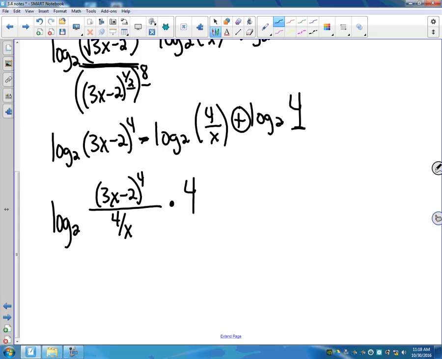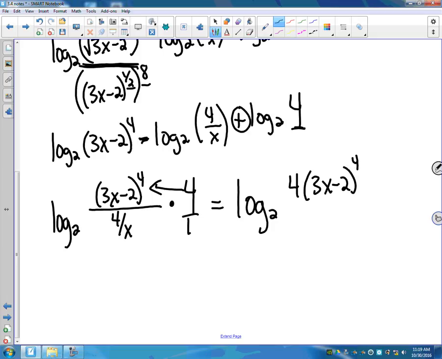I do not want you to leave your answer like that. So I'm going to put this 4 up here. If it's just multiplied, think about that's just like 4 over 1. So I'm just going to say 4 times 3x minus 2 to the 4th. And instead of dividing by 4 over x, I'm going to multiply by the reciprocal, which is x over 4.